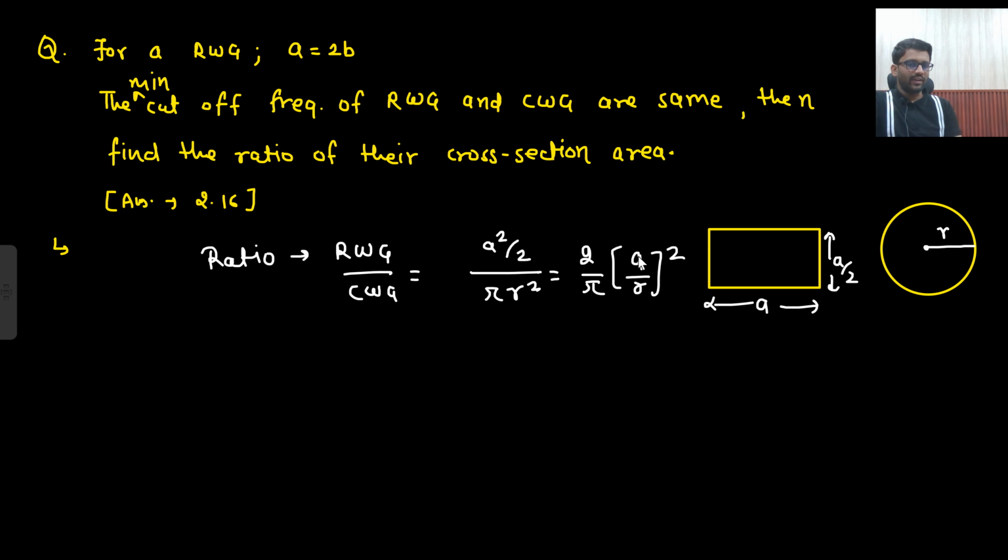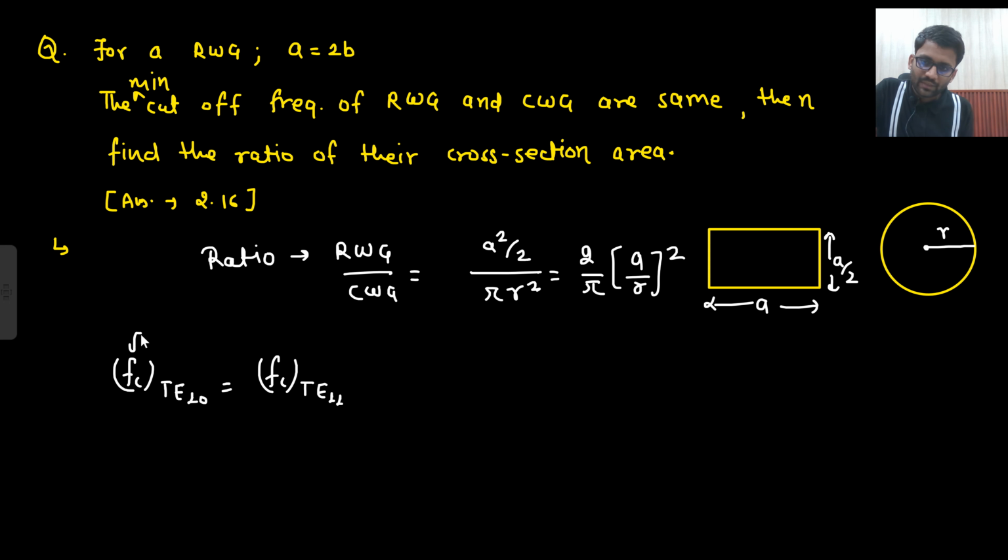Now what do you need? You need the ratio of A by R. This is your target: get A by R. For that, what they have given is that the minimum cutoff frequencies are the same. So FC of TE10 is equal to FC of TE11, but this is for the rectangular waveguide and this is for the circular waveguide.